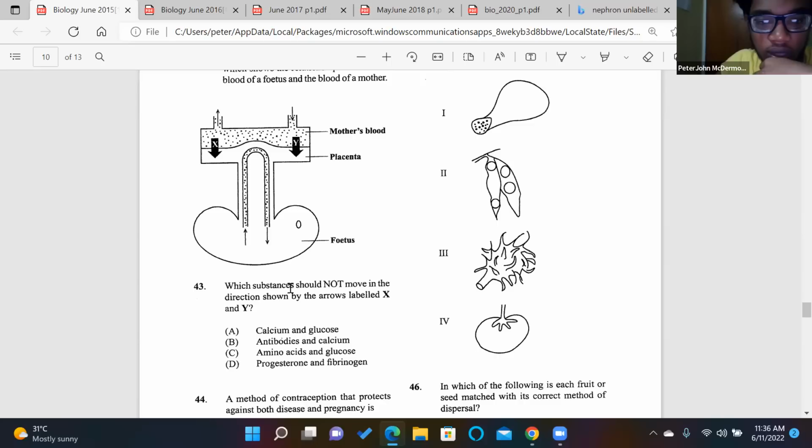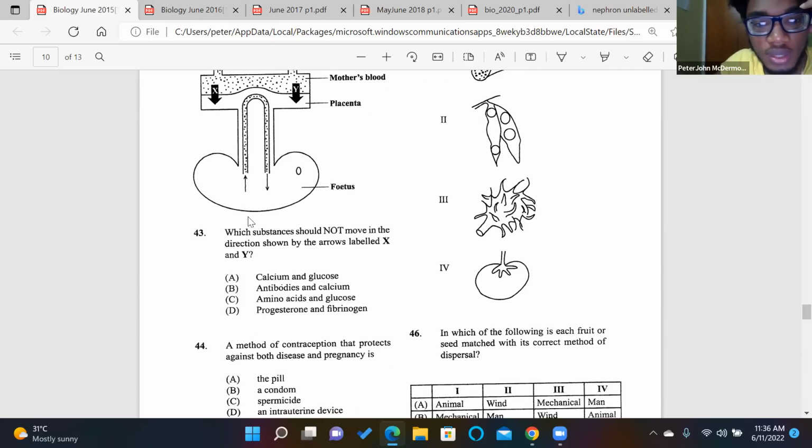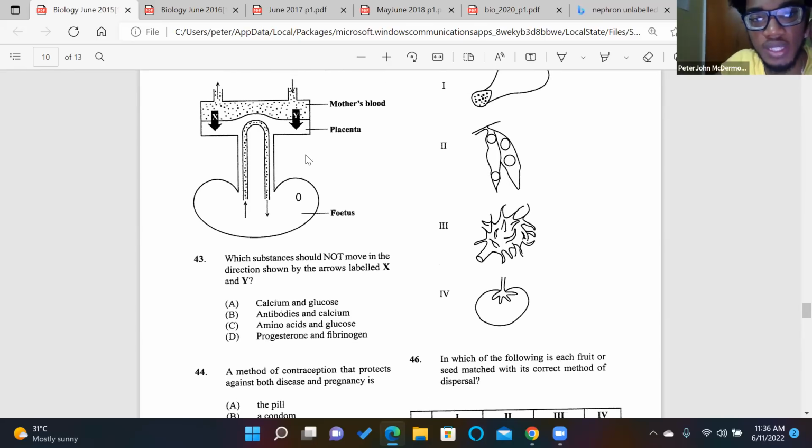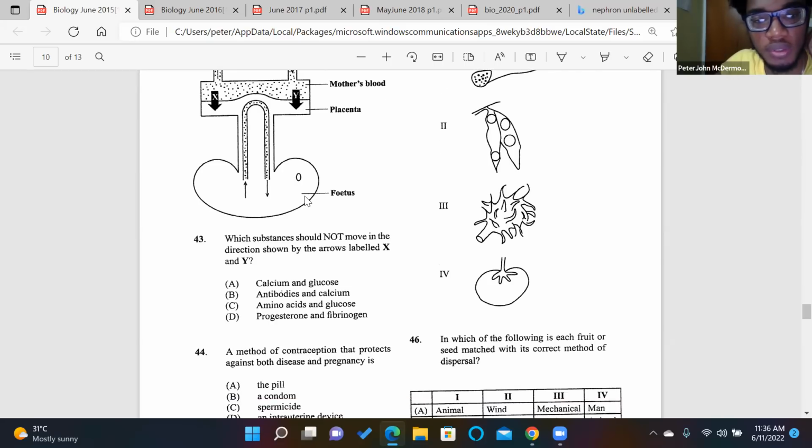Next one, which substances should not move in the direction shown by the arrows labeled X? X, which way is X? X is going this way, from mother's blood to placenta. So from mother to fetus. So what should not move from mother to fetus? Oh, label X and Y. So what should not move inward?